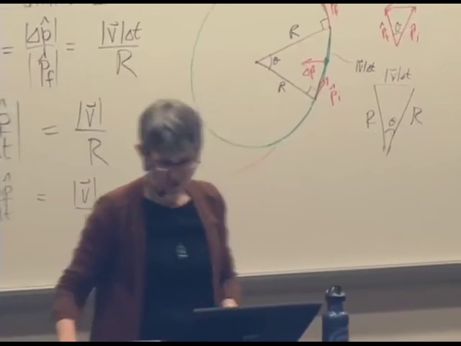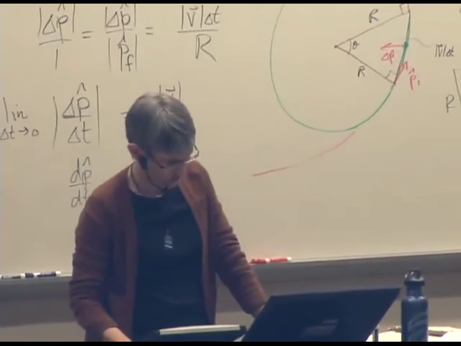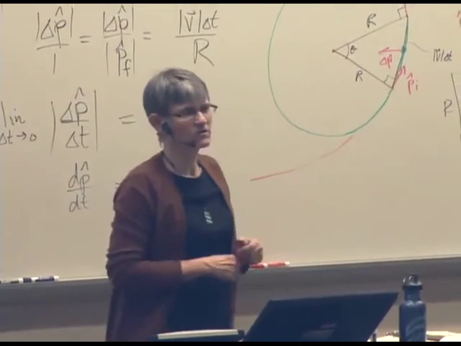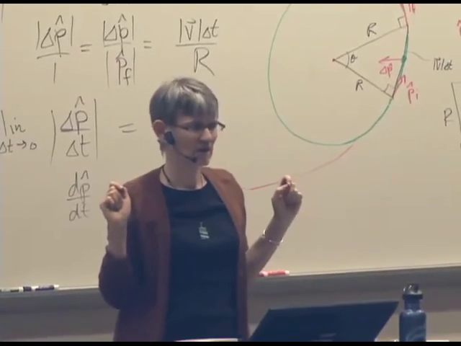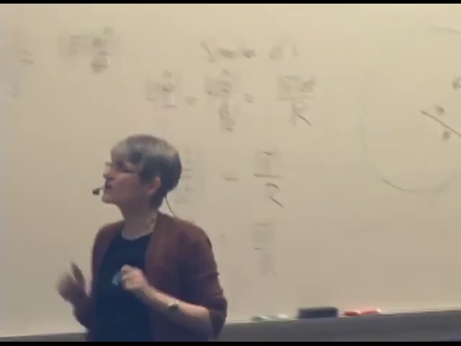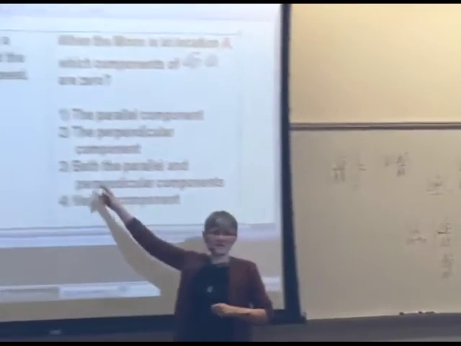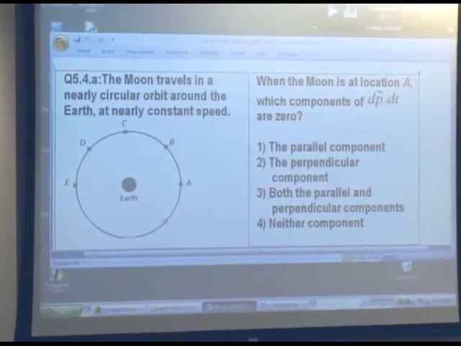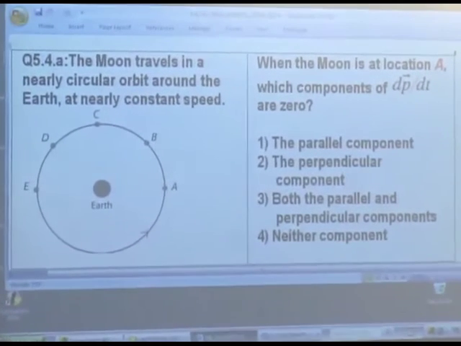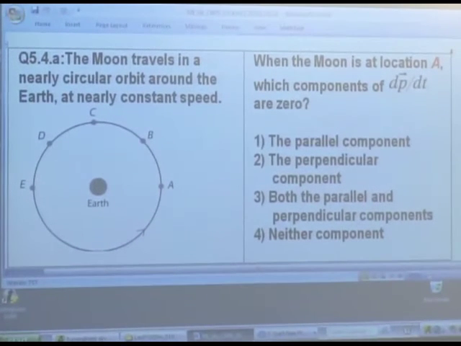First of all, as a warm-up, let's answer this question. The Moon is traveling around the Earth in a nearly circular orbit at constant speed. This is a different question. We're at location A again, but now we want to know which components of dp/dt are 0. So which ones do we not have to worry about? Think about the direction.